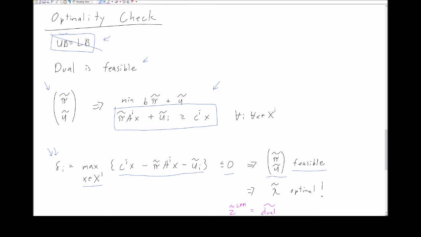Now that we've shown that this dual feasible solution to the restricted problem is feasible to the original problem, we can conclude that dual tilde is equal to dual, where dual is the dual solution to the unrestricted problem. Now we know again from duality theory that this dual is equal to ZLPM. By chaining these equalities together, we can conclude that Z tilde LPM is actually equal to ZLPM, our optimal solution in question.